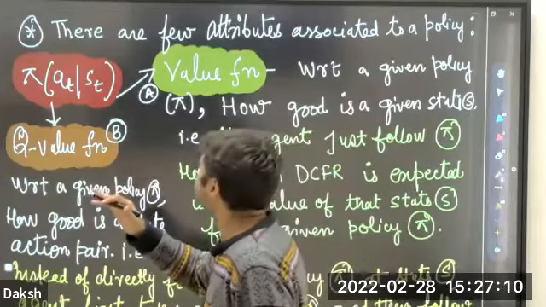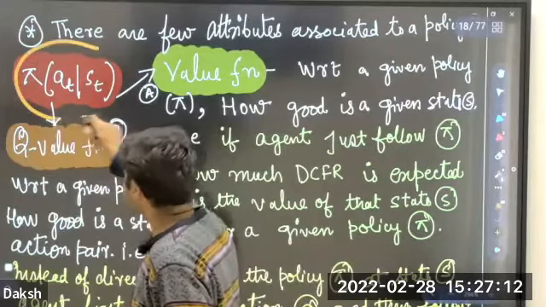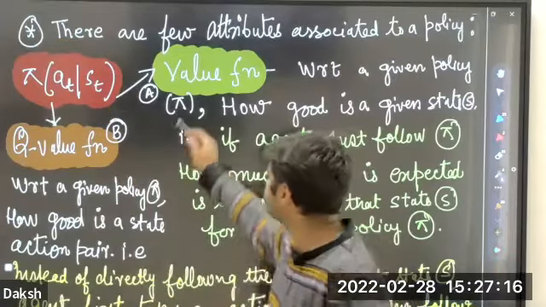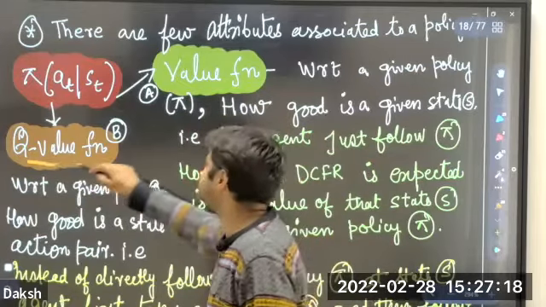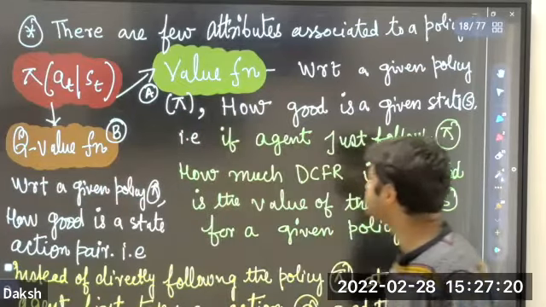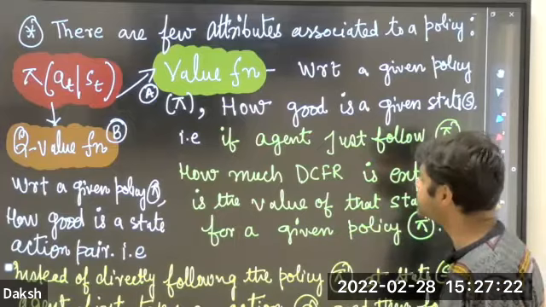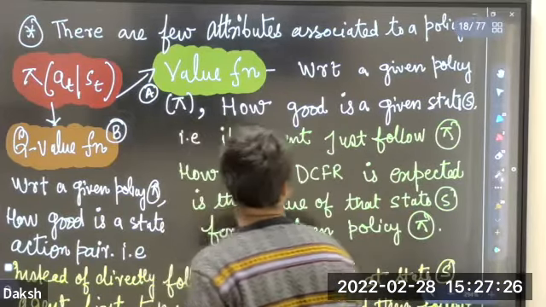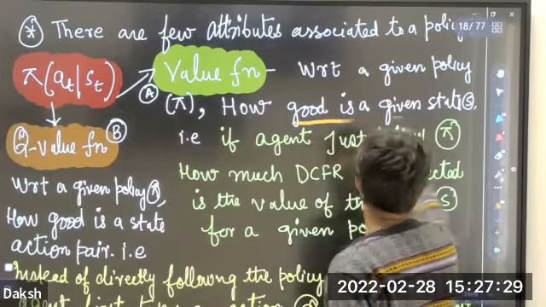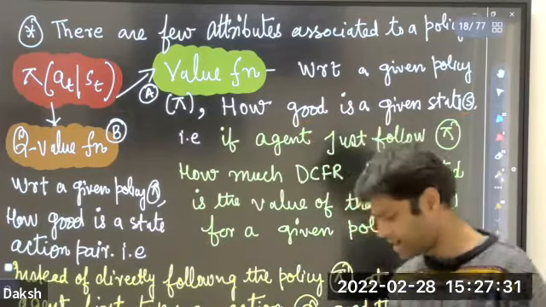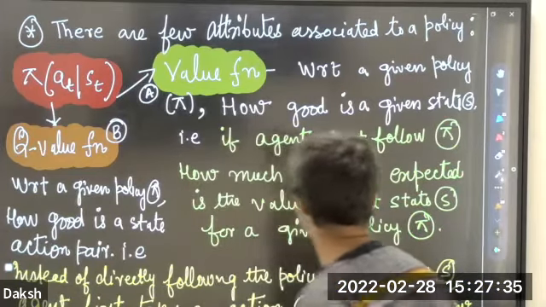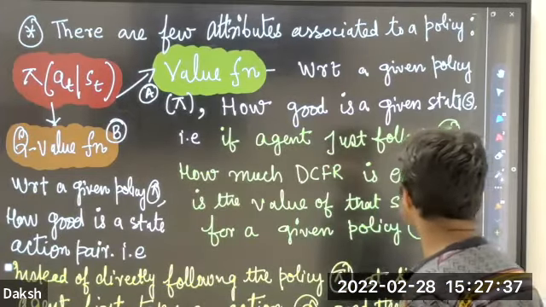Now, if I give you a policy, you can give me two things: the value function and the Q function. What's the value function? The value function V_pi tells how good a given state is. If I'm in a state S_t, how good is my state? How can I know that?